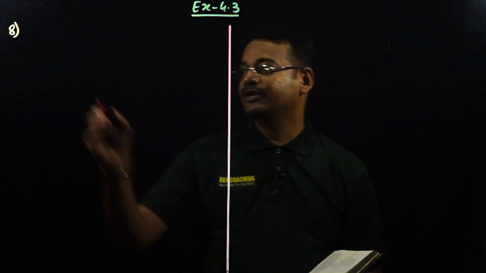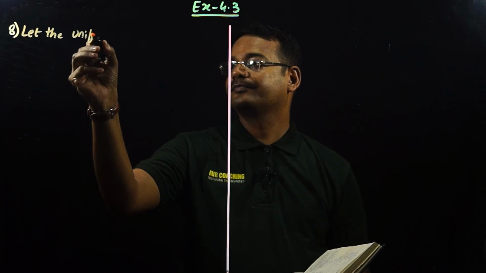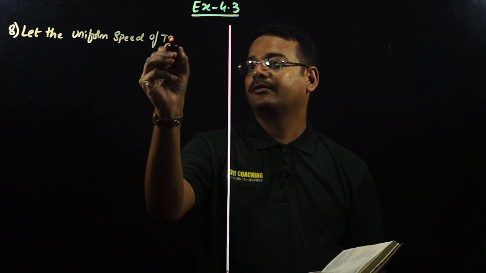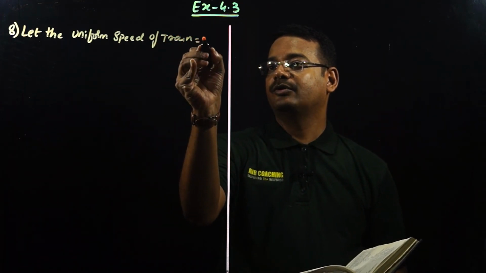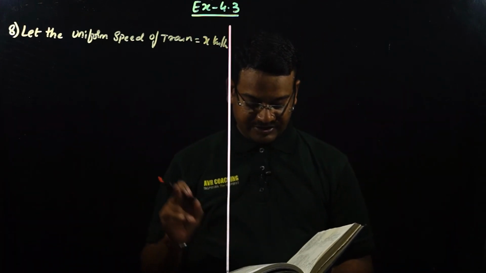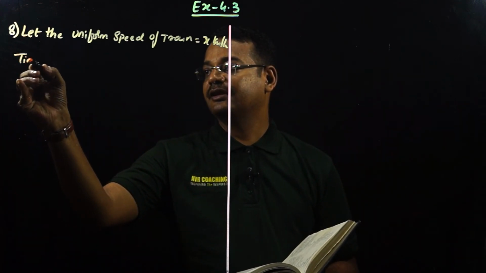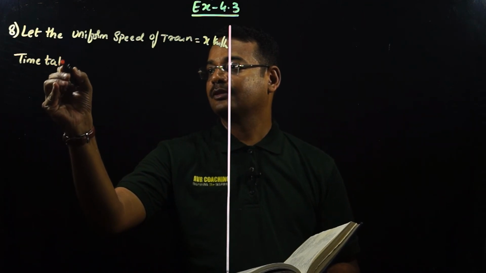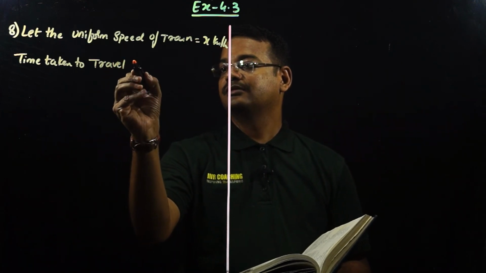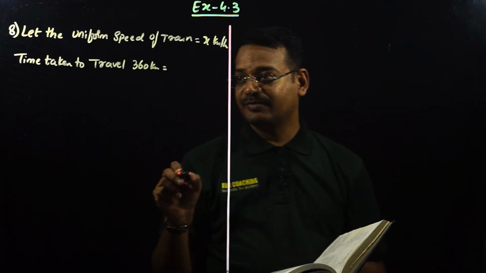So let the uniform speed of the train be x kilometers per hour. So the time taken by the train to travel 360 kilometers, that is, time is equal to distance by speed.